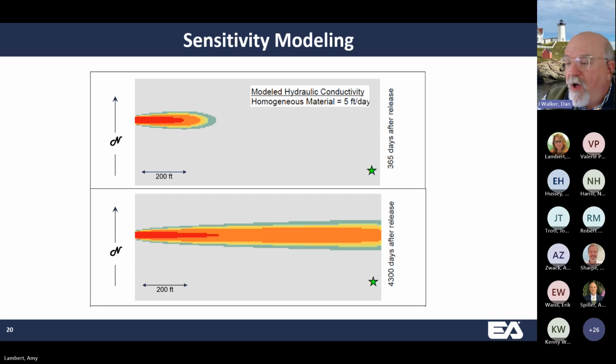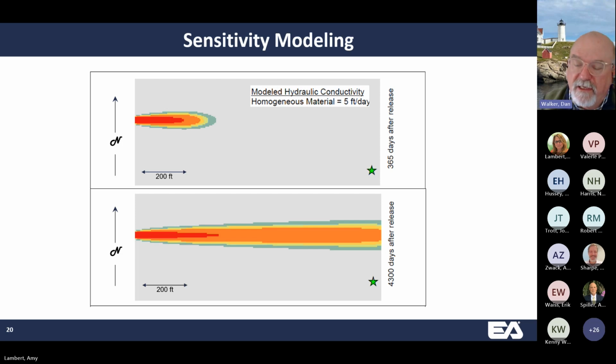It forms these long pencil thin plumes. The groundwater gradient is from left to right, so the groundwater is flowing left to right. So the shape of the plume and the density of the concentration within the plume is really just simply a function of that hydraulic conductivity. All right, but this is a very homogeneous system. It's not a real world system at all.